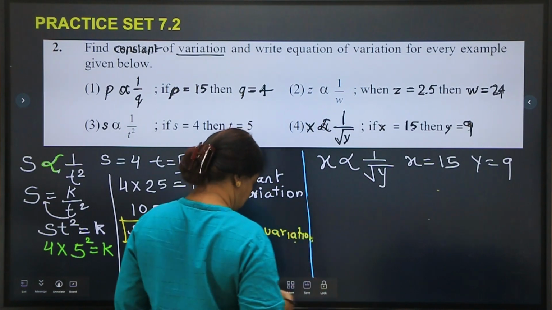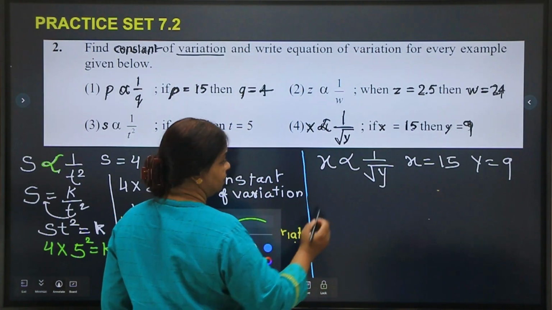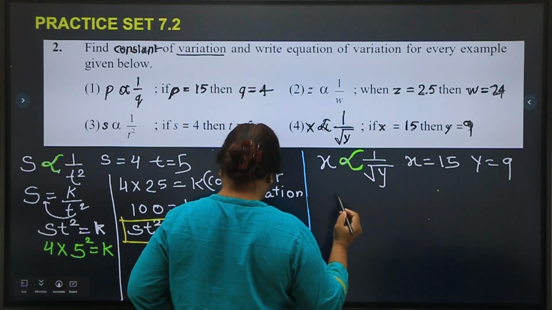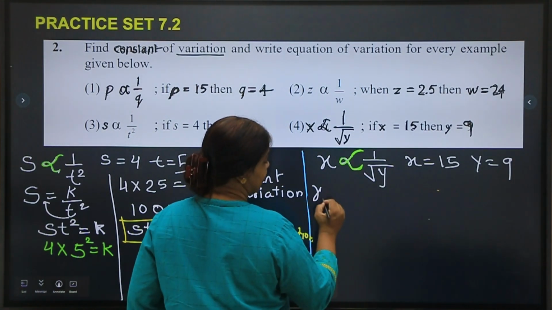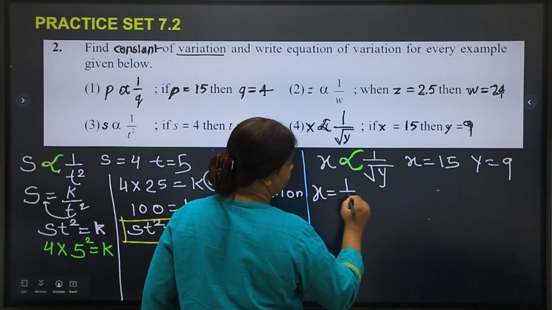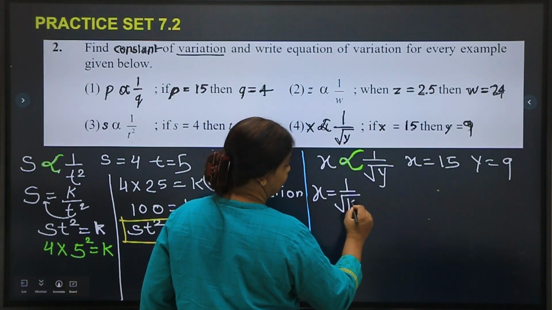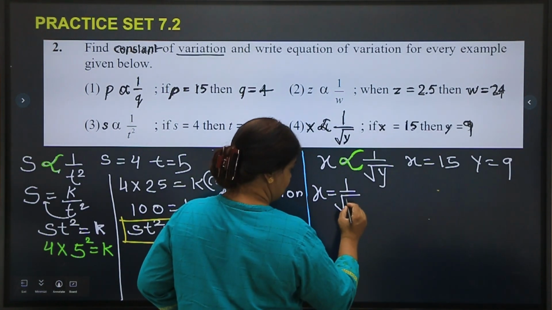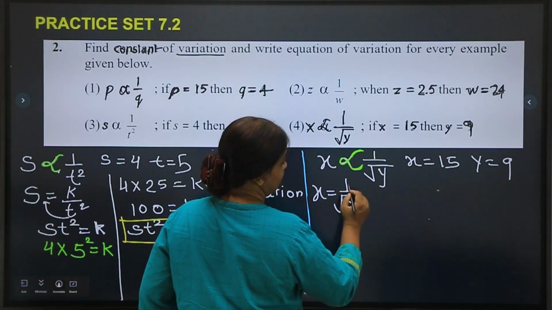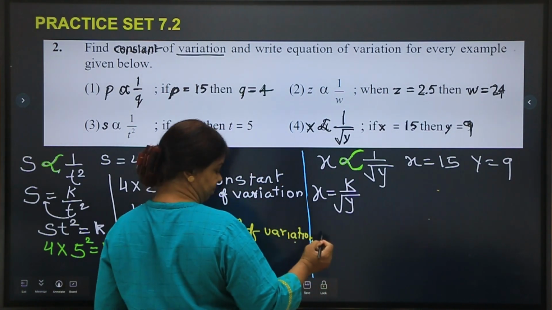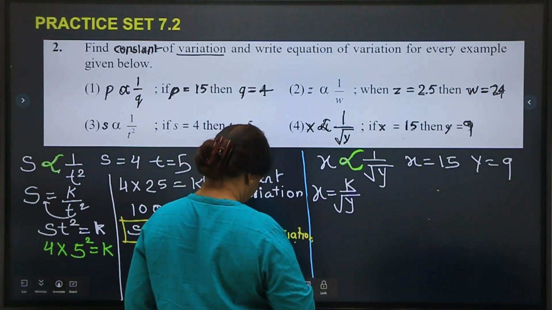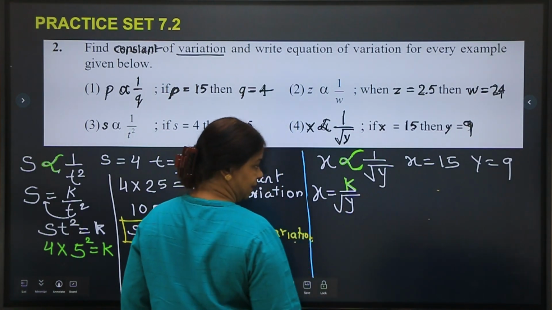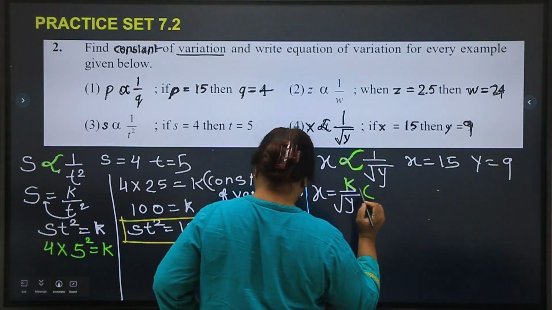So first my step is what? I must remove the variation proportional sign. So x is equal to k upon root y. And what is k?